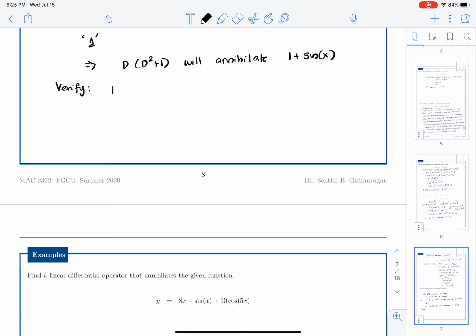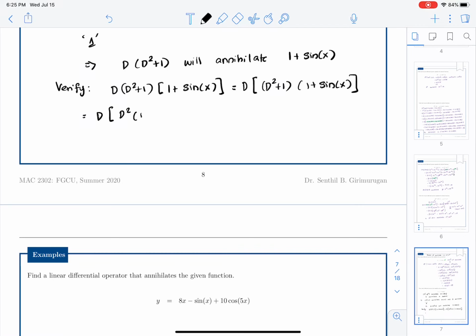So D squared plus 1 applied to 1 plus sine x. So D squared applied to 1 plus sine x, and we have 1 plus sine x.